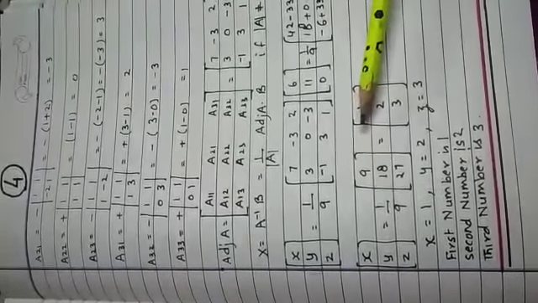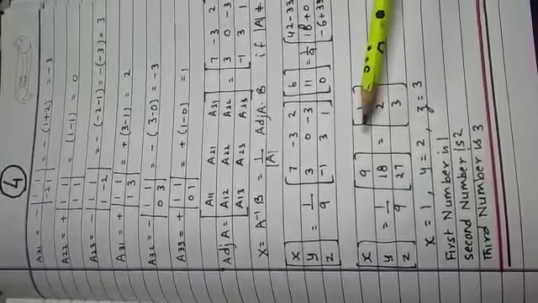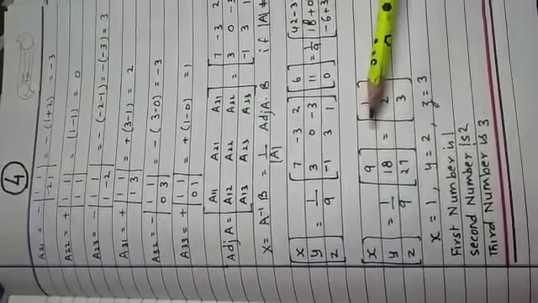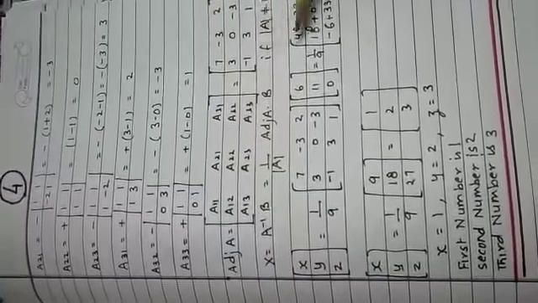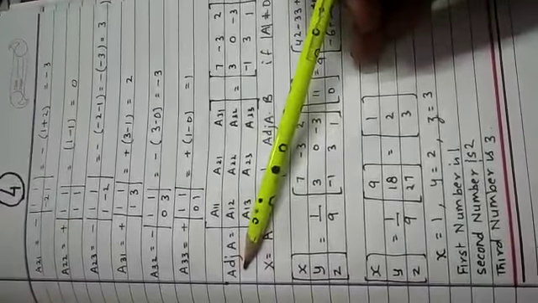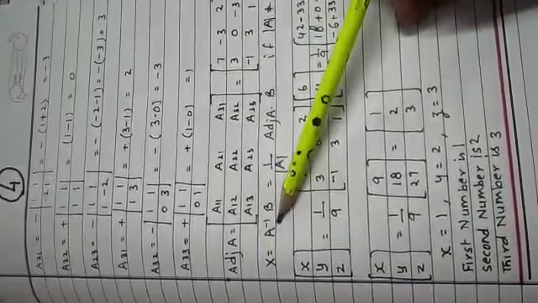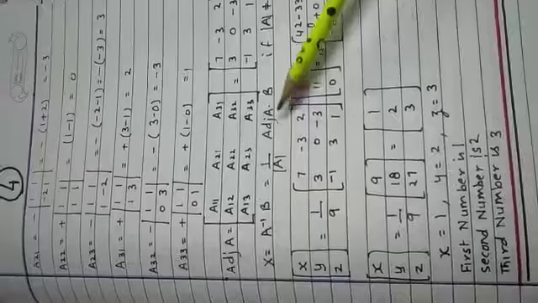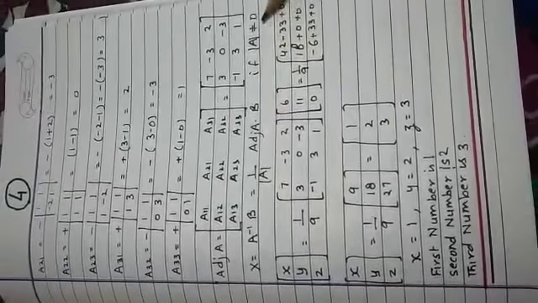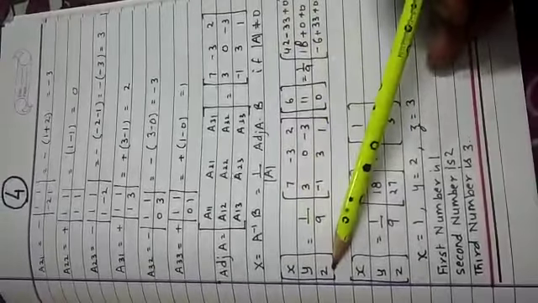In this line, column wise, we write down and straight away we get adjoint A. What is X? A inverse B, 1 over determinant A, adjoint A dot B. If determinant A is not 0, X, Y, Z is 1 over determinant A, adjoint A dot B.